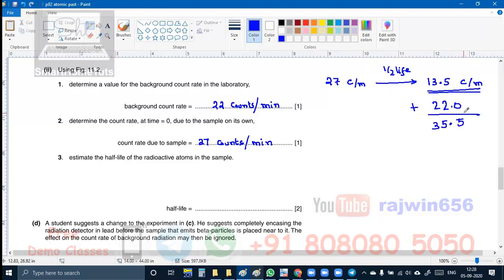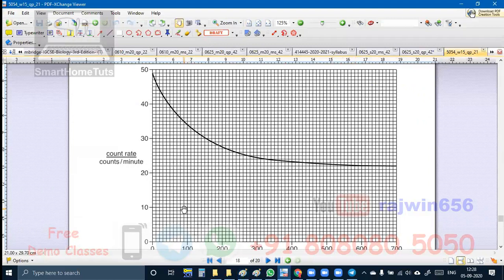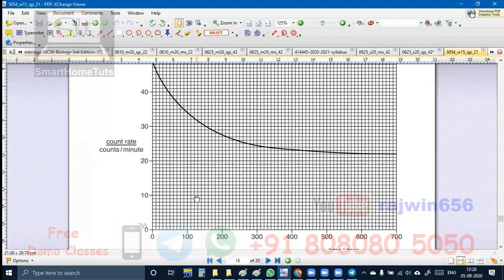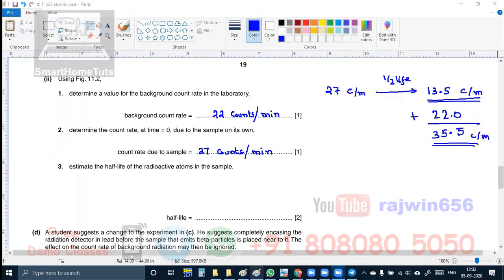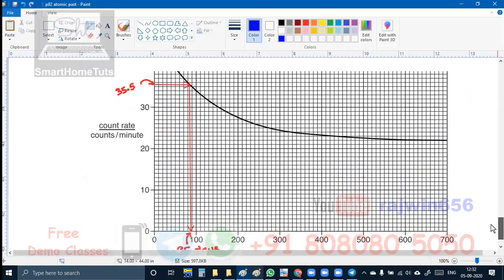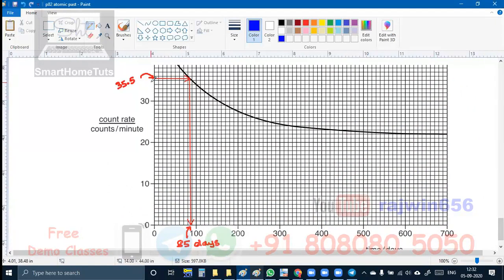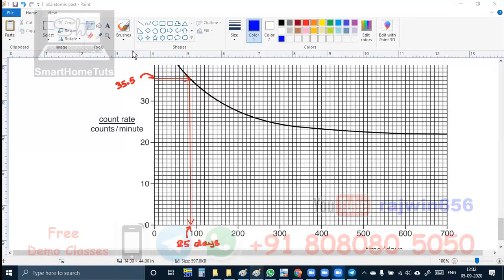So 35.5 counts per minute I will find on the graph, and I'm going to determine the half-life period. So I go back to the graph. See where 35.5 is. From this I have drawn into the graph. 35.5 is the halved count rate, including background radiation, and from that I have stretched this arrow down.